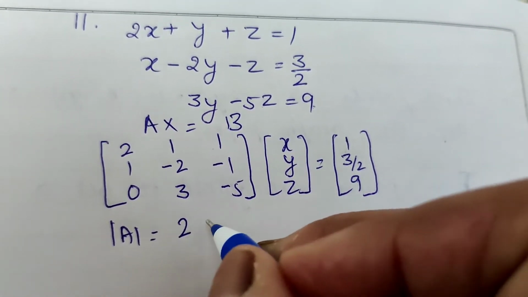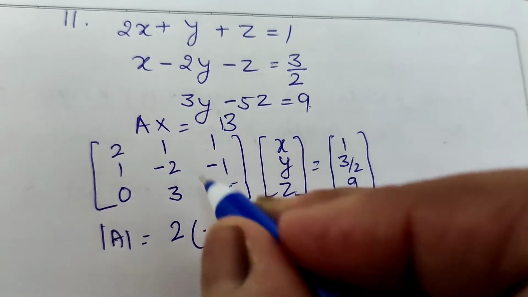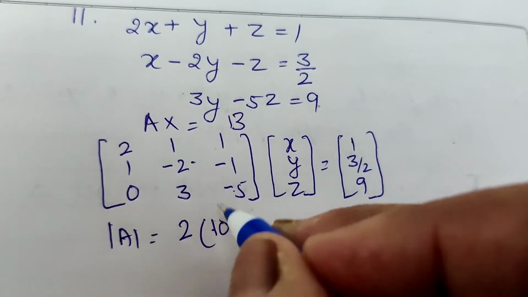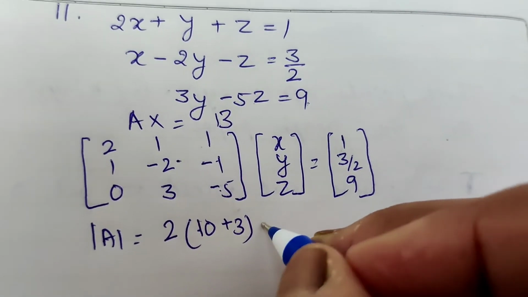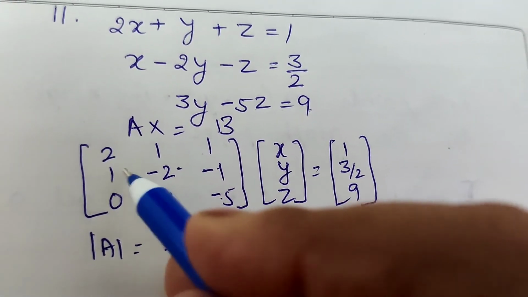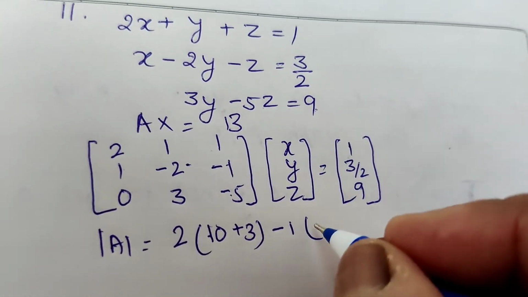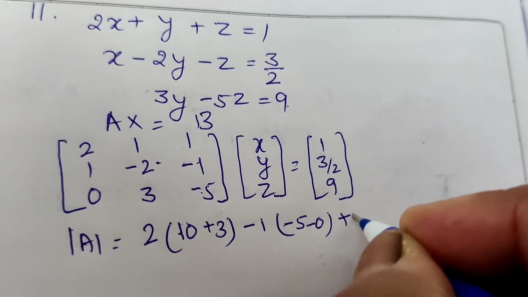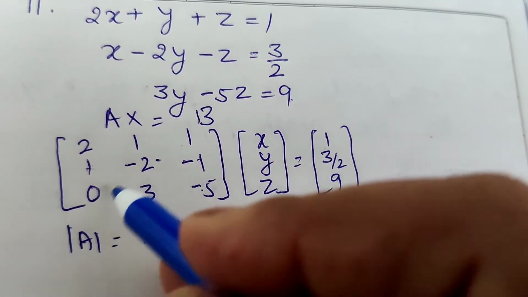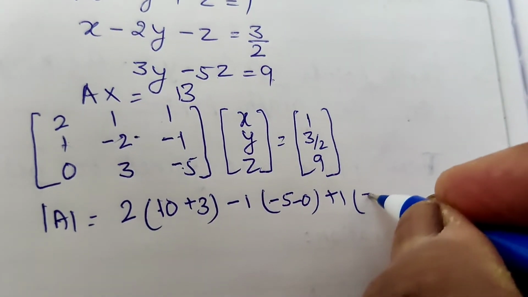The determinant: 2 into (-2 into -5 is 10, minus 1 is plus 3), minus 1 into (-5 minus 0), and the third term is 0 into (3 minus 0).